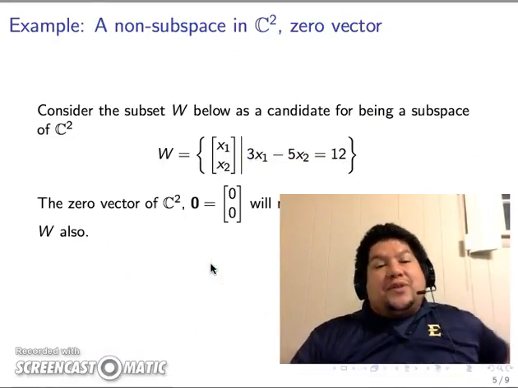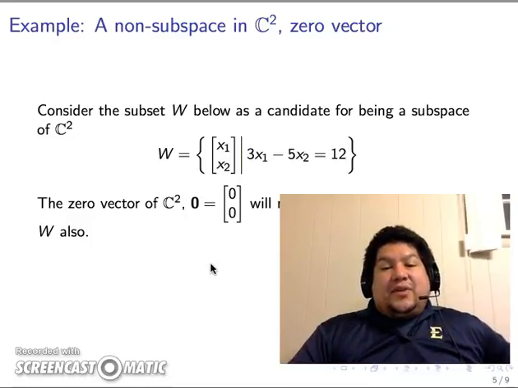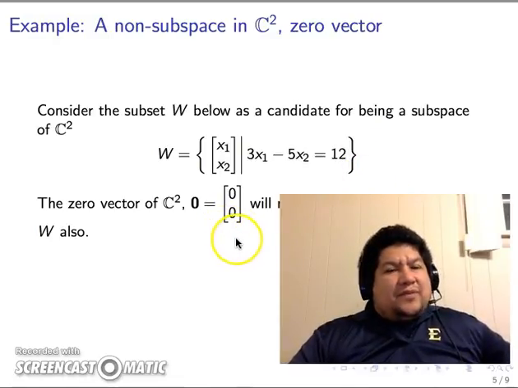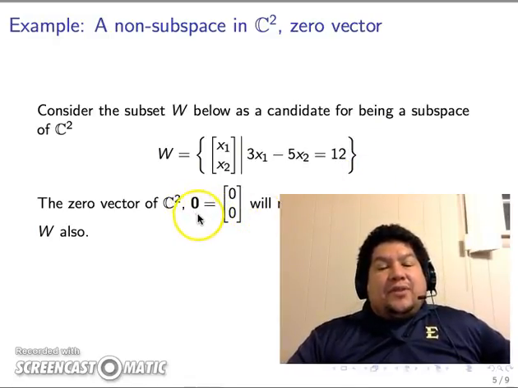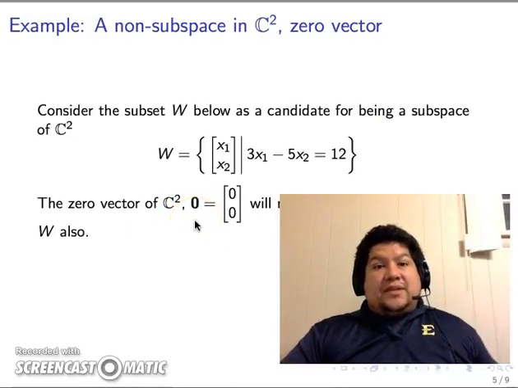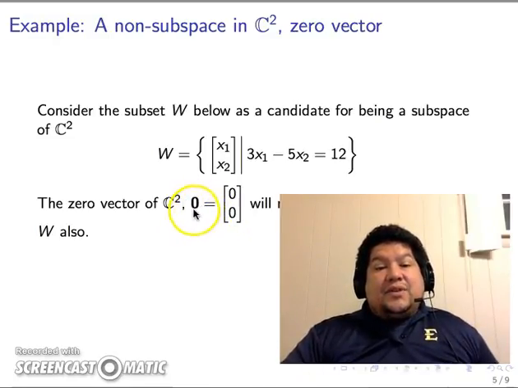So first we address, is the zero vector part of W? What's the deal with the zero vector? This was not part of the theorem. Well, it is not part of the theorem that establishes whether or not a subset is a subspace, that's true. However, the zero vector is a requirement for something to be a vector space.